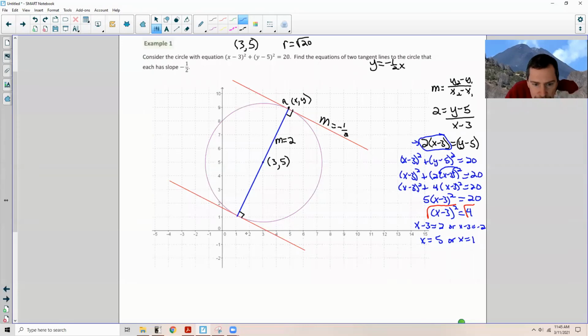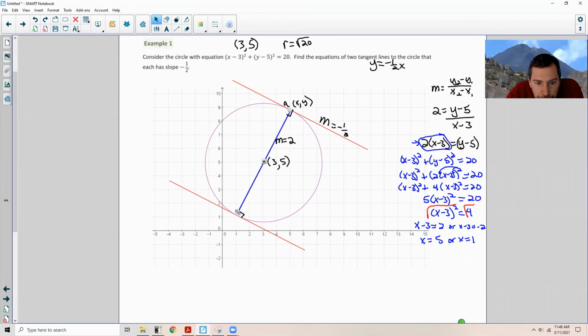What that is telling me is my point of tangency is at the point 1 comma something, which is right here, and it's at the point 5 comma something right there. So I am off just a little bit with my points, so let me just move those. So I'm going to move this so it's right on the line 5. And again, my circle might not be the right rotation, or the right size.